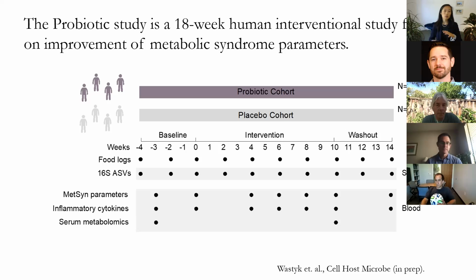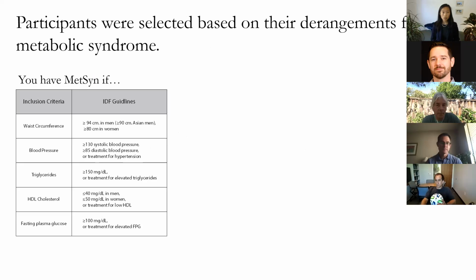Very similar in the sense that we were looking at the microbiome through stool and the immune status through blood across time. So participants were selected based on their derangements for metabolic syndrome. According to the International Diabetes Federation, you have metabolic syndrome if you have a waist circumference above the threshold here. It's defined as central obesity, and you also must have 2 or more of the other inclusion criteria above these guidelines.